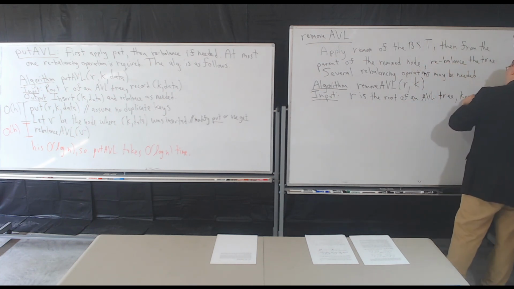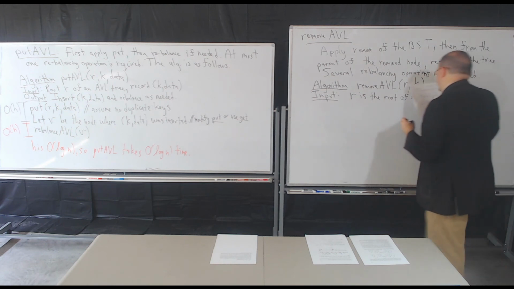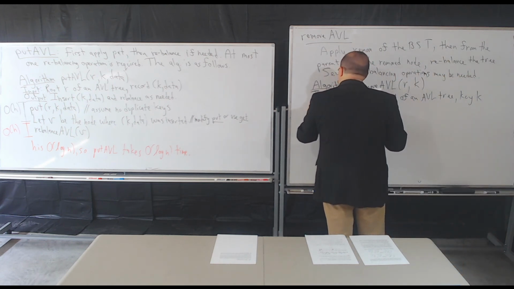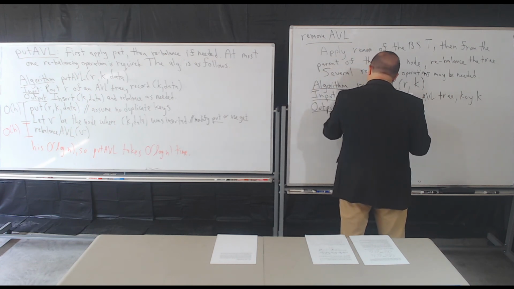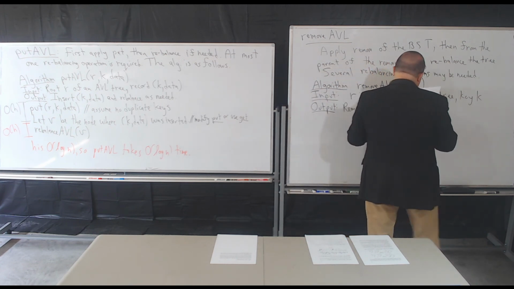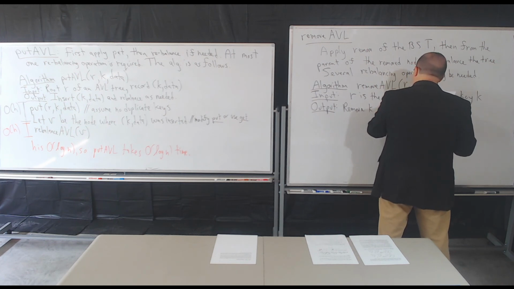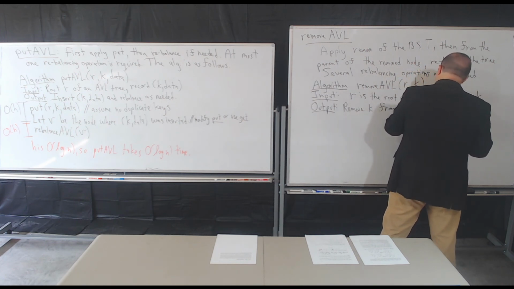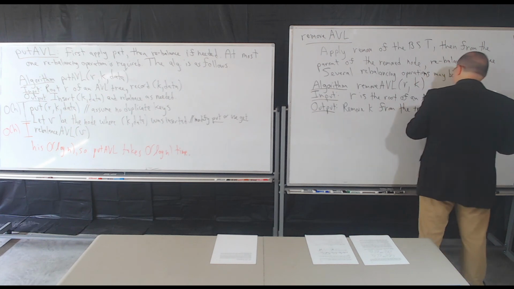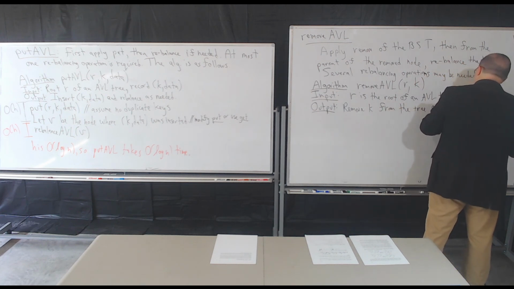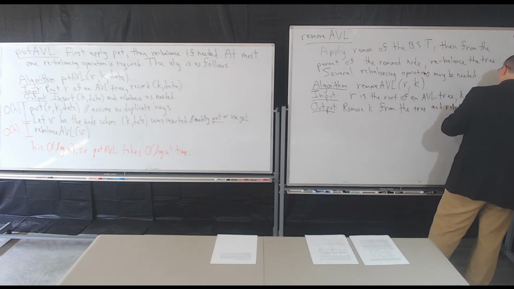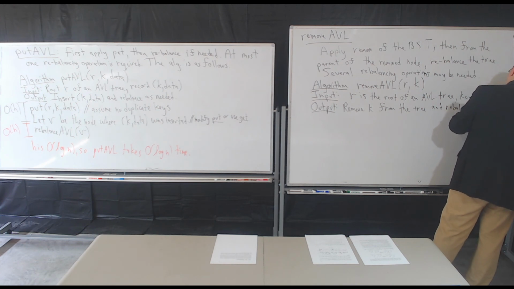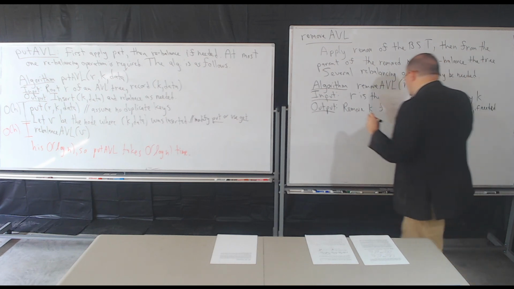Then I have some key K, the one I want to remove. So the output: I'm going to remove K from the tree and rebalance if needed.